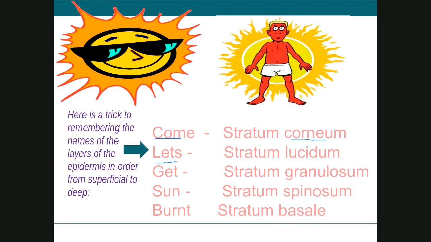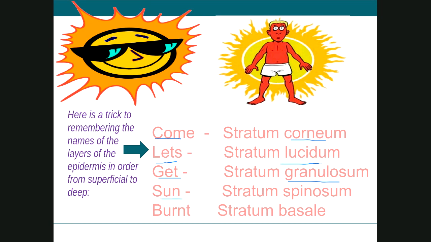Let's remember stratum lucidum, usually flat, dead keratinocytes, only in thick skin, about 3 to 5 rows. Then we get stratum granulosum. Stratum granulosum can range from 3 to 5 rows of flattened keratinocytes. They look granular, and this is where cells are dying off.